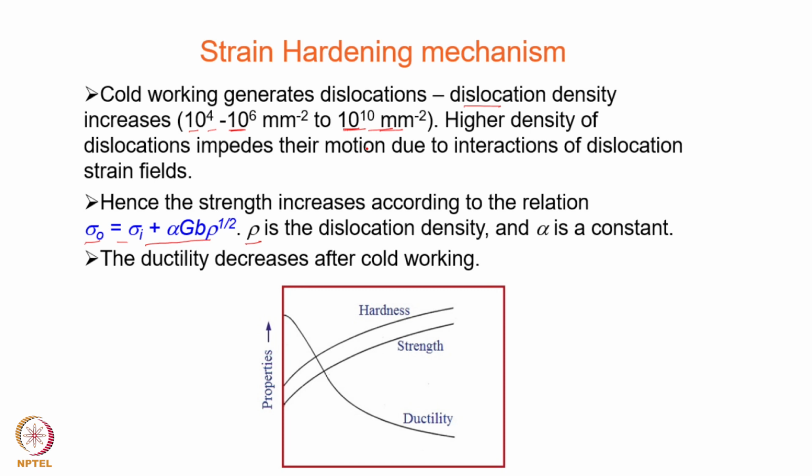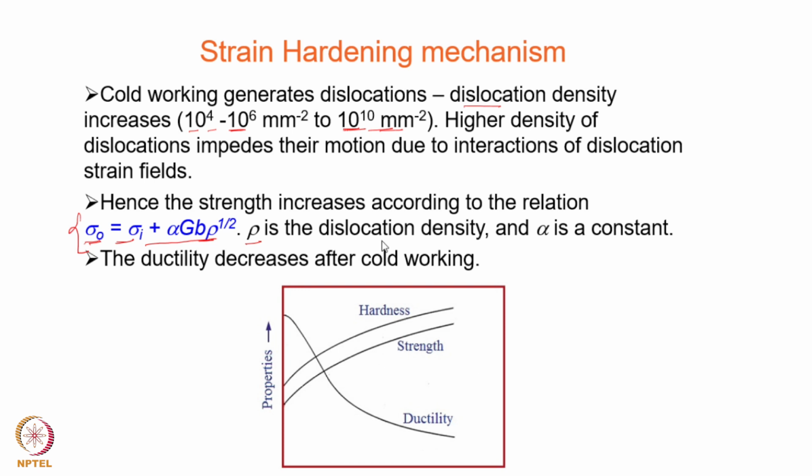Okay, so this is about the dislocation interaction, which results in hampering the motion of dislocations, right? And as a result of that, as I said, the strength will increase, and that can be given by an equation like this, which relates the strength to the dislocation density.